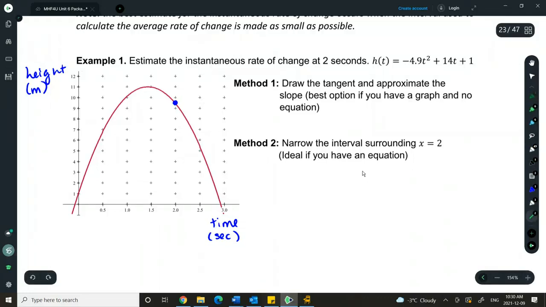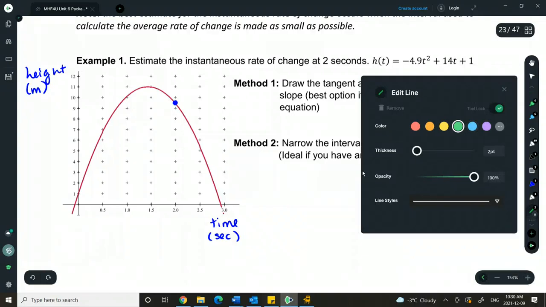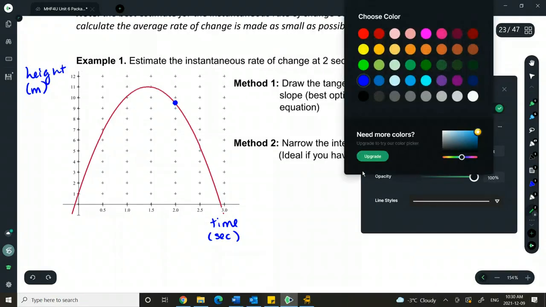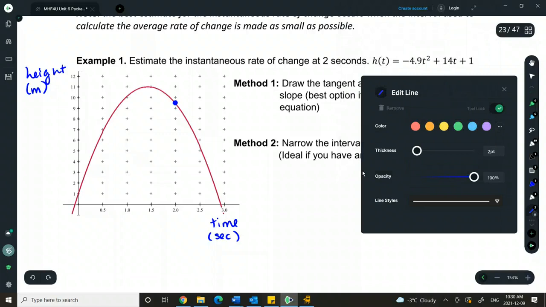And method one is really just, we want to try to draw the best tangent line we possibly can that just skims the function at this exact point right here. And we want to try to balance it along the function so that it feels equally distributed on either side. It is helpful too if you have a clear ruler. That's even better because then you can see the function from both sides.